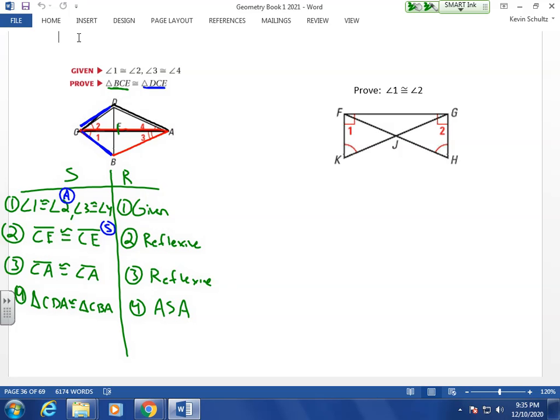Truman Show. But now that I've got that, step 5, I can go back to this here, and I can say, well, because that top and bottom triangle are congruent, that means that CD is congruent to CB because of corresponding parts. Okay?